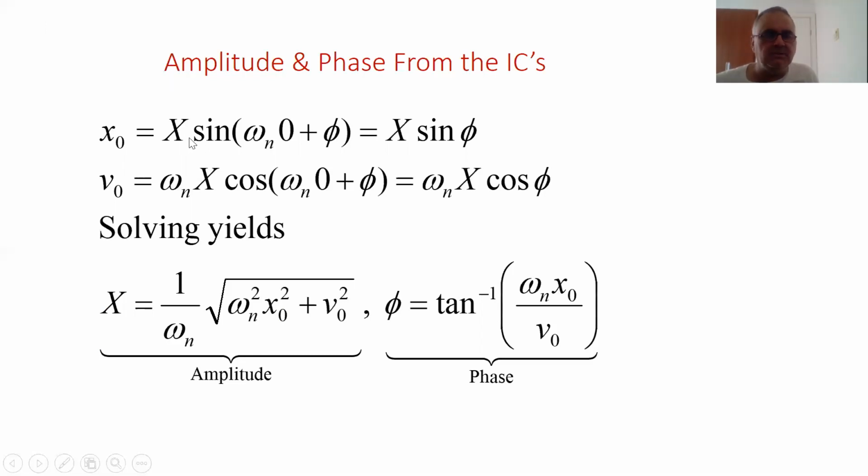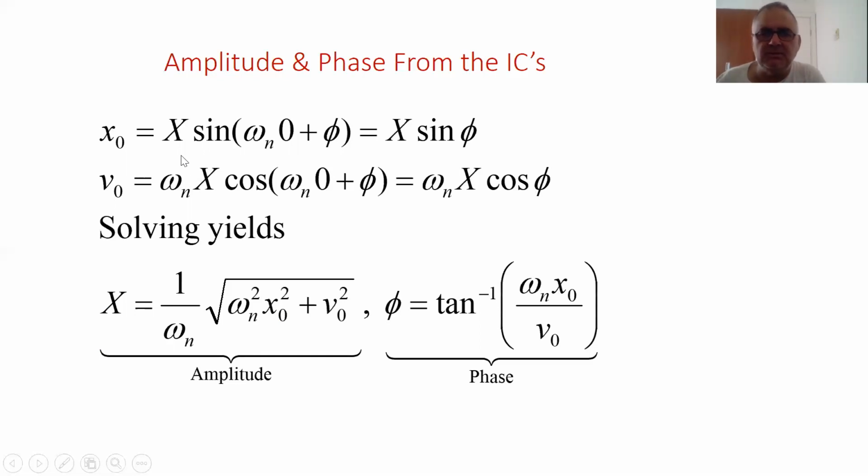X0: we substitute t equals 0 for the time. So x0 becomes X sine phi, and v0 becomes, we take the derivative, omega n X cosine phi.